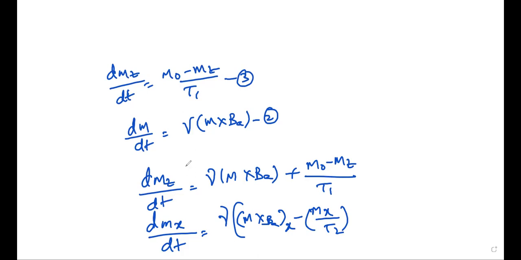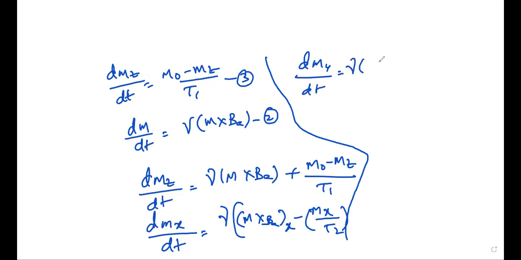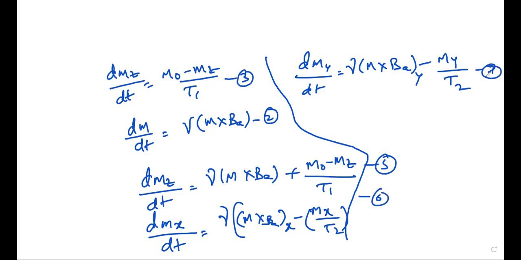Similarly dMy by dt is equal to gamma into (M cross B)y minus My by T2. This is equation 5, equation 6, and this is equation 7.